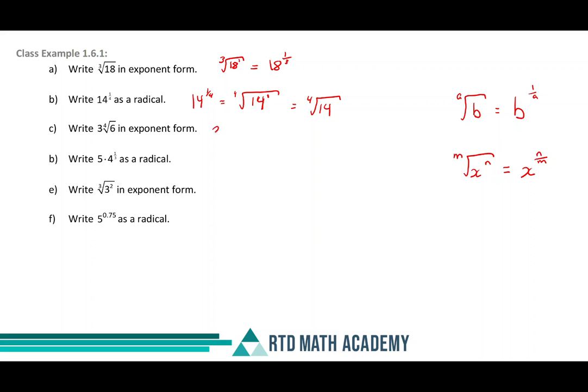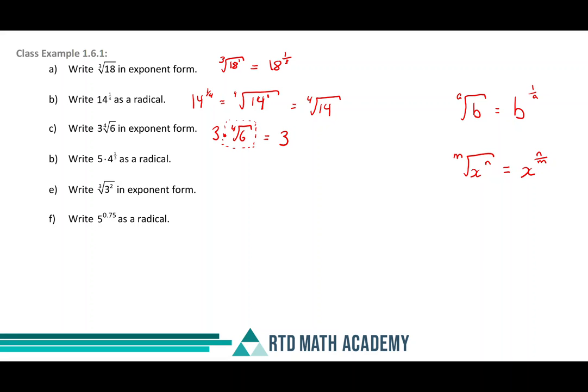Next, we've got 3 multiplied by the 4th root of 6. Now, 3 is a coefficient, just as in a mixed radical from our previous lesson. I'm going to leave 3 alone. What I care about is getting rid of this radical sign.